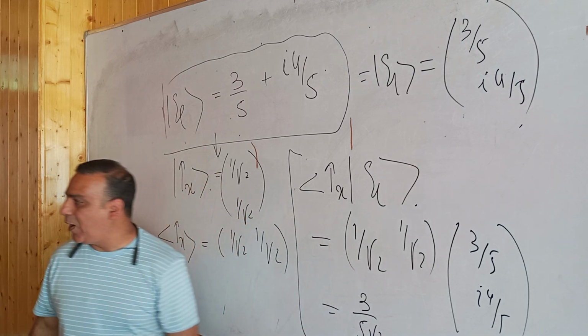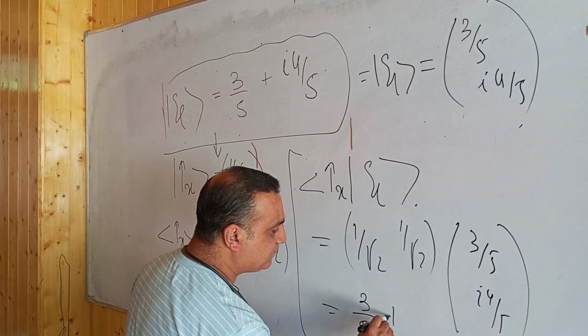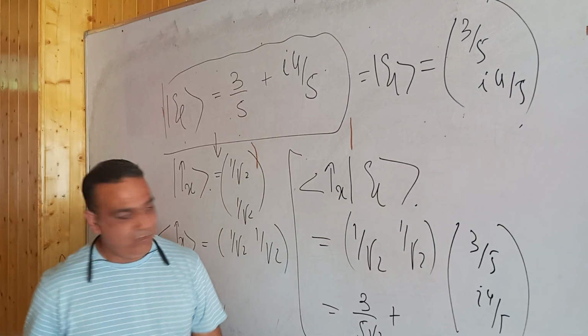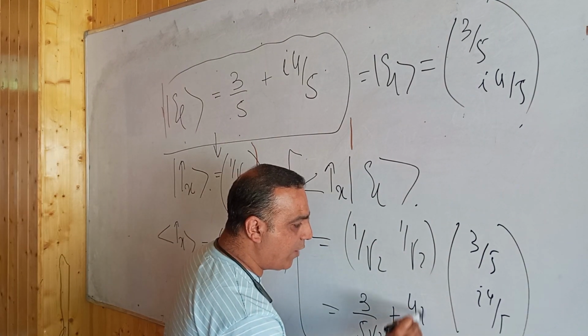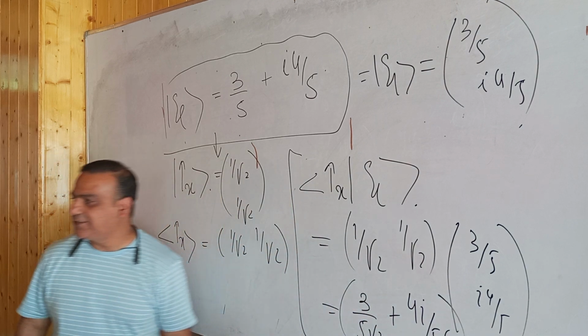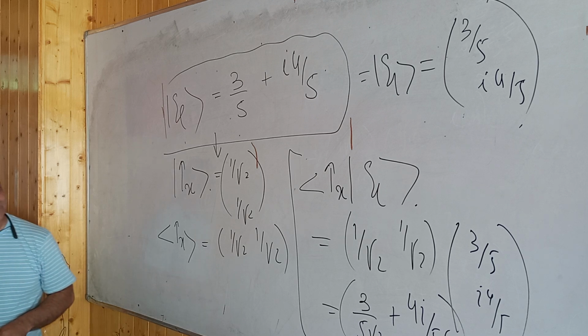This will be term number 1. Then you will have plus 4i by 5 root 2. Is this clear? Fine? Okay.